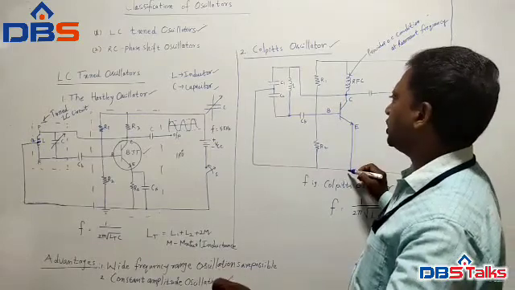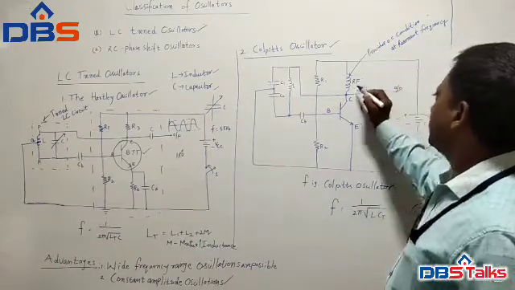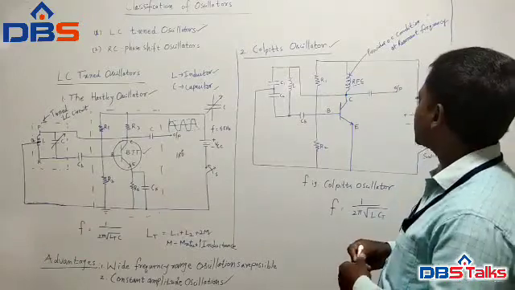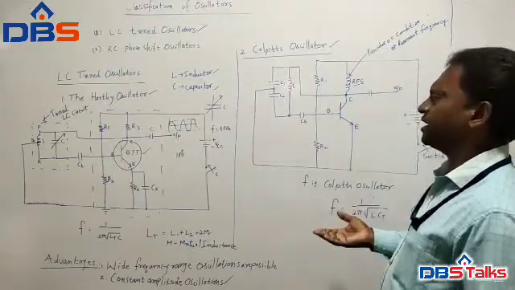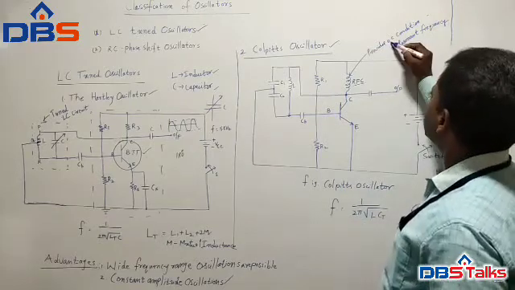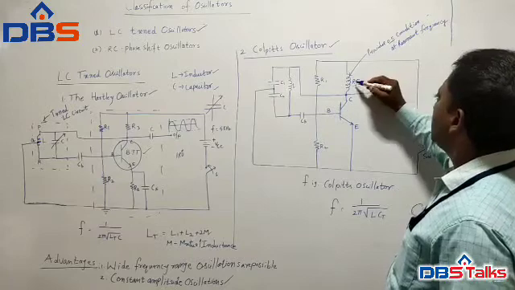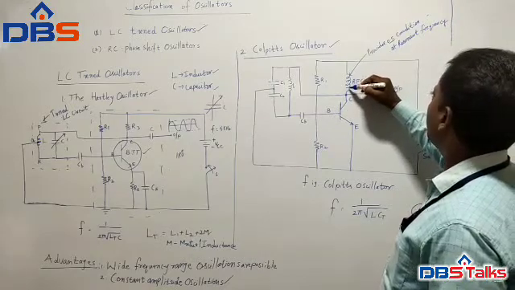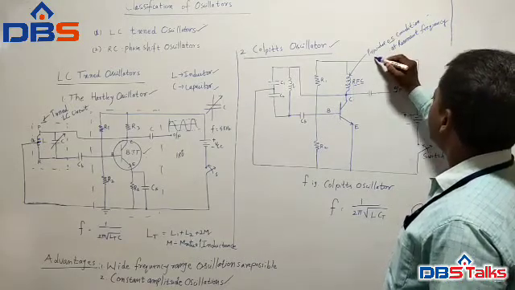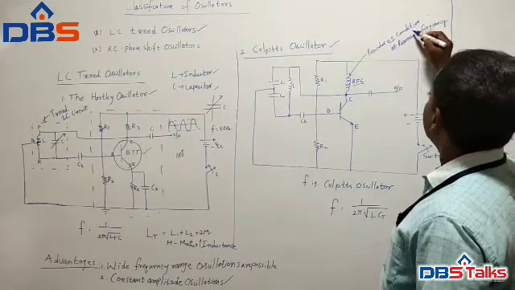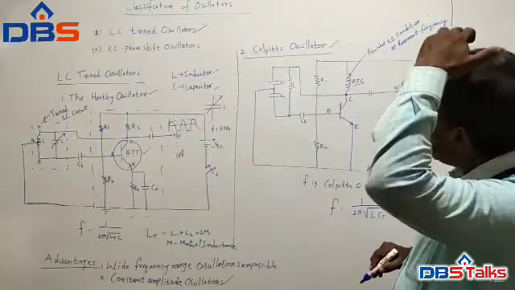Another difference is the radio frequency coil. RFC means radio frequency coil. Again, it is an inductor only. It provides an electrically open circuit, not physically. Electrical open circuit means it provides infinite impedance. Whenever the signal comes to this point, it provides an open circuit at resonant frequency.